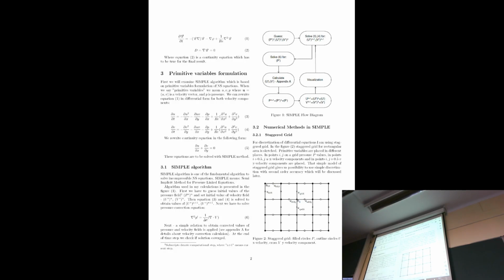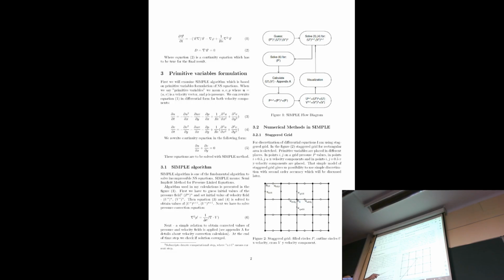Therefore, people invented this way of presenting the system in the discretized world, which is called a staggered grid, which is basically just that you move your grids in space by half and keep the values of U, V, and P independently on the grid, such that the values of P are in the cross sections of the grid lines.